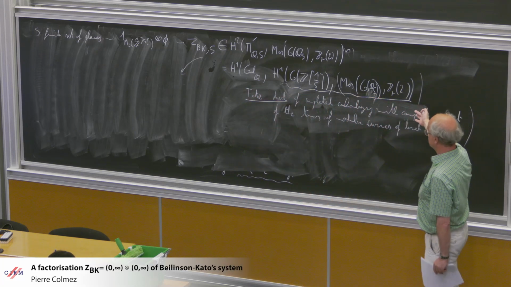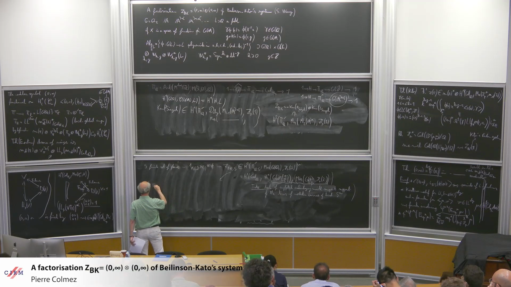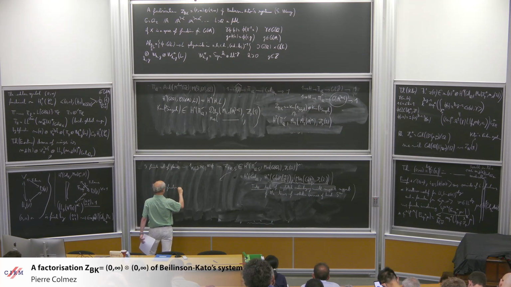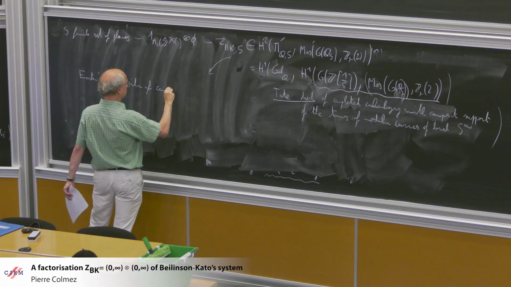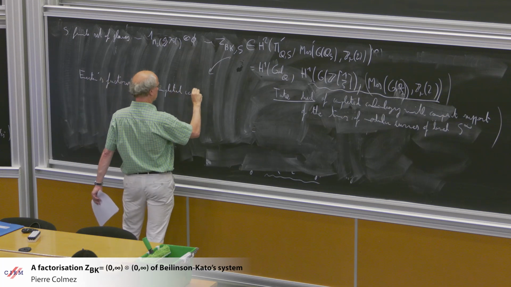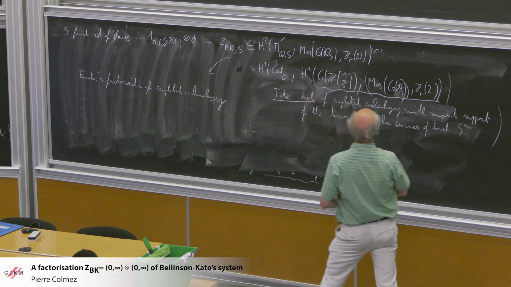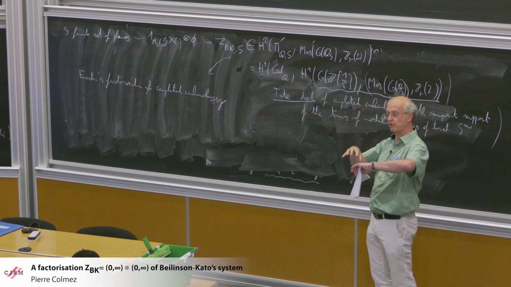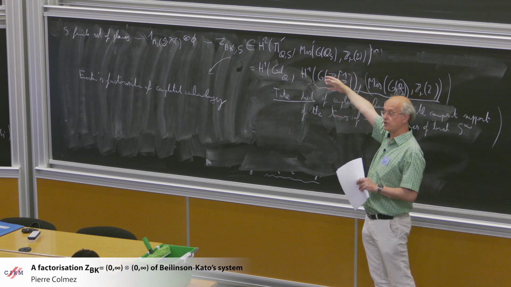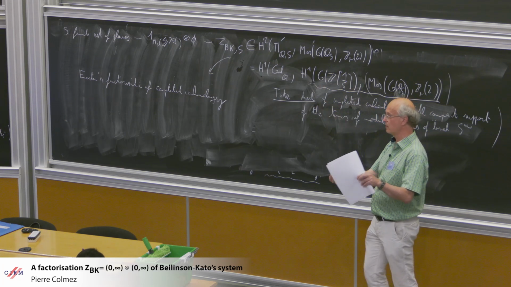And so now you use Emerton's factorization of completed cohomology. So this big thing you are going to write as a tensor product of a big representation of GL2 of QP times a two-dimensional Galois representation, okay?